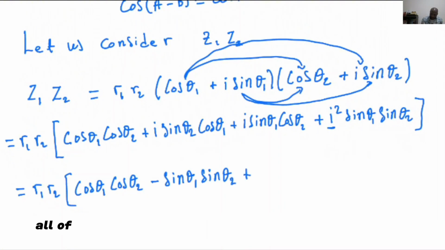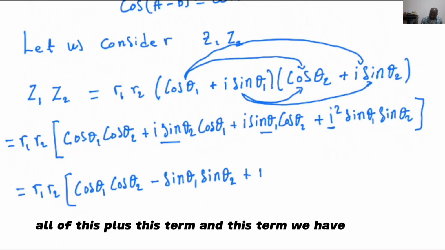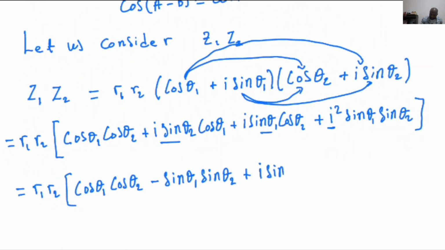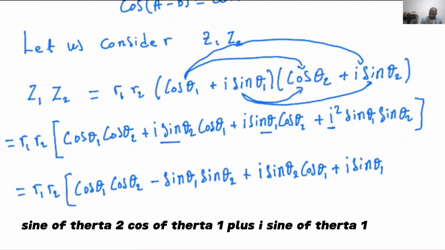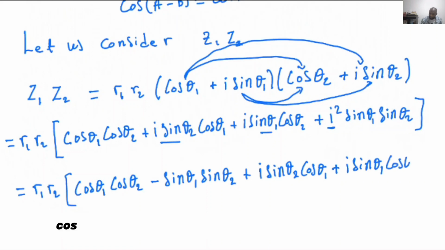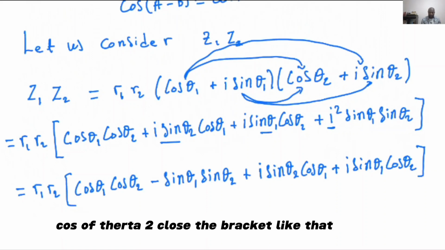All of this plus this term and this term, we have i sine of theta 2 cos of theta 1 plus i sine of theta 1 cos of theta 2, and close the bracket like that.